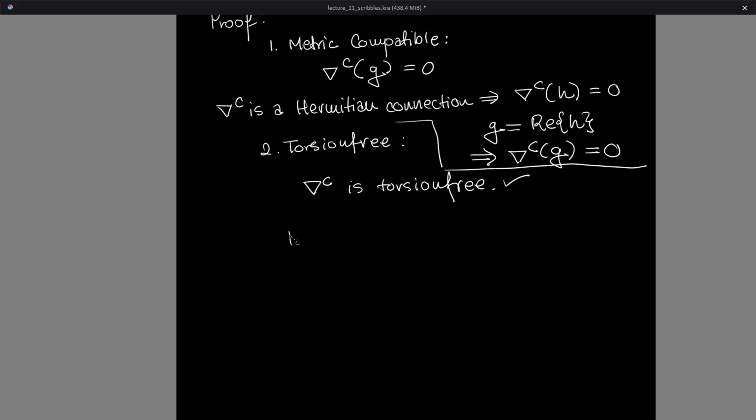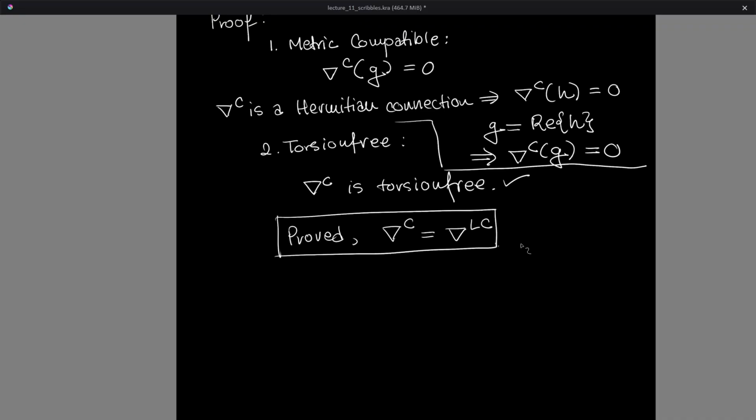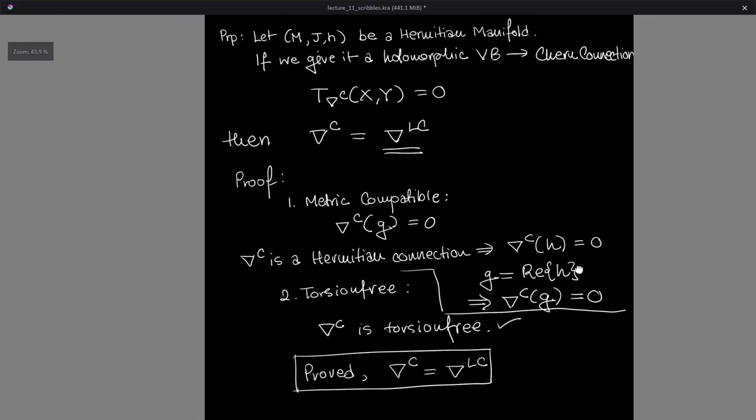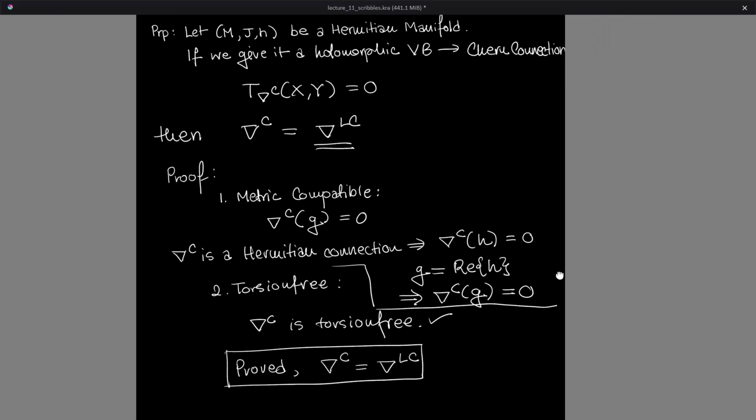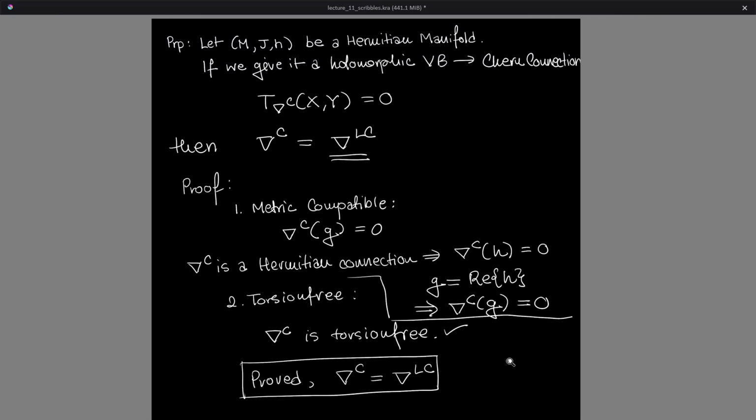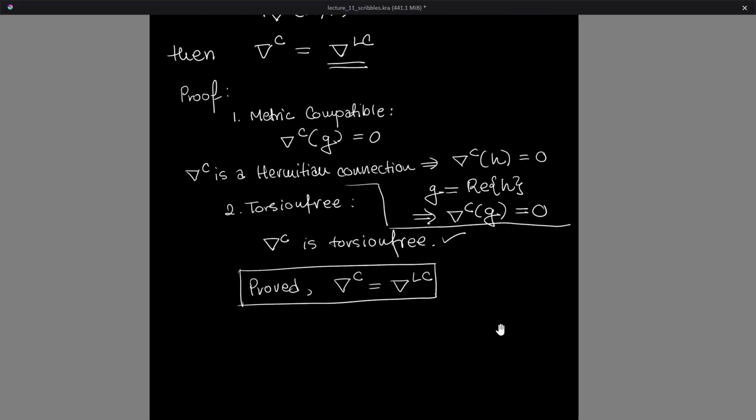So therefore, proved. nabla^C is equal to nabla^LC. That's a pretty short and hopefully self-explanatory proof that they are one and the same on a Kähler manifold. And this is one of the hallmarks of a Kähler manifold, that its Levi-Civita connection will be the same as its Chern connection.